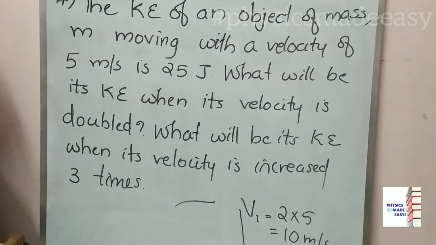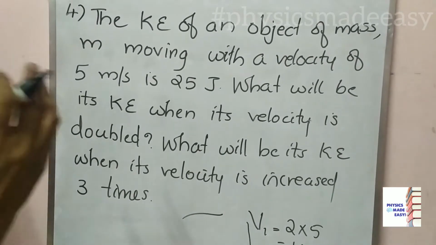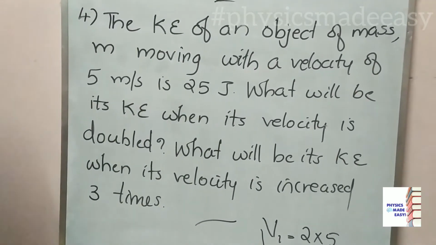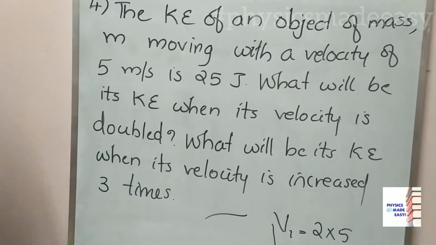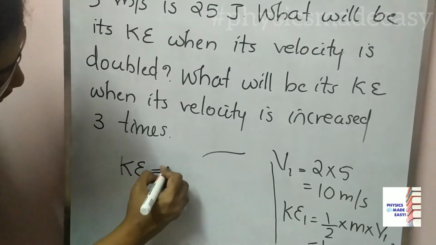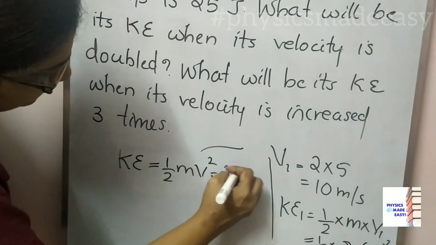Listen children, for doing this problem, there is no need to find the mass. Directly from the value of this kinetic energy, we can find the kinetic energy if the velocity is doubled or if the velocity is getting 3 times. How to do? Kinetic energy is equal to half mv square is equal to 25 joule.